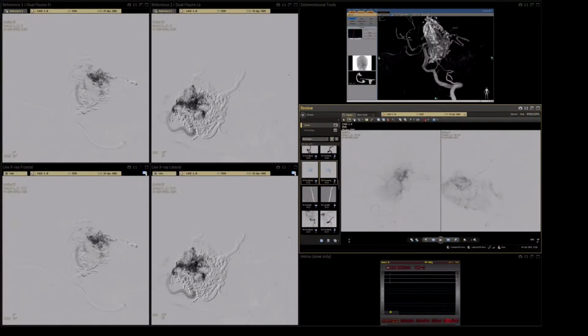Let's compare it. It's a different territory, huh? It looks like a different territory. It's more medial, it's more lateral.